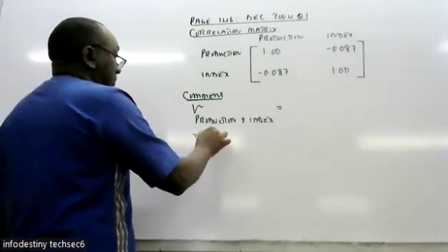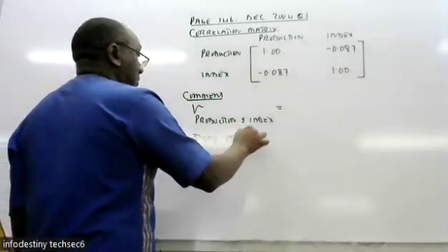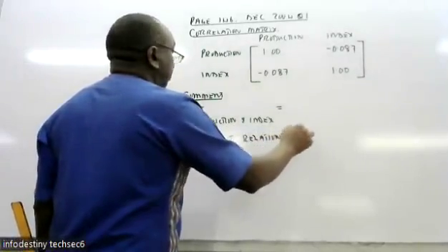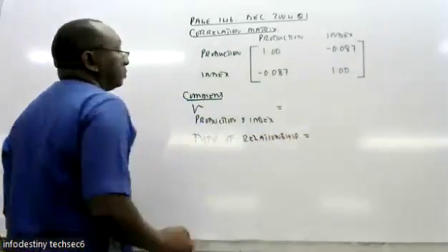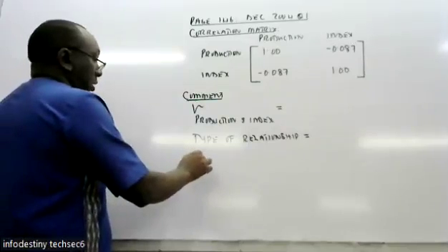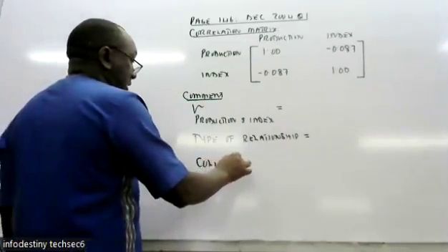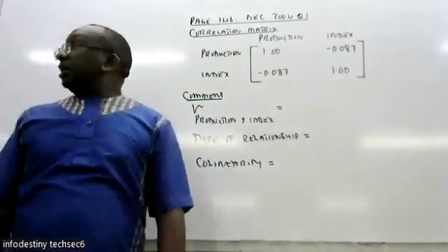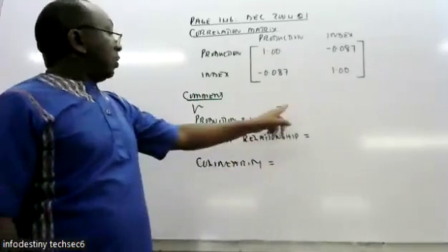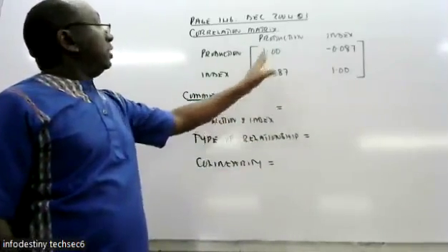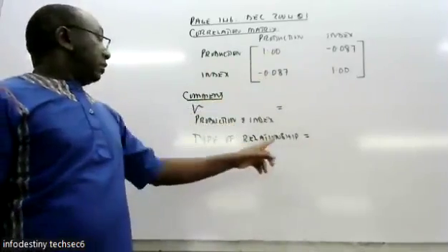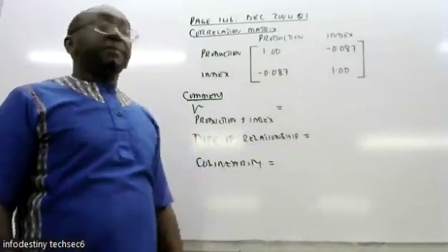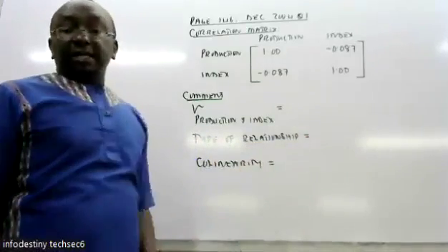Type of relationship, or linearity. Now I want you to tell me in the next 2-3 minutes the correlation coefficient between the two here. The type of relationship, tell me whether it is direct, inverse, or null. And tell me about collinearity, whether it is present or absent.